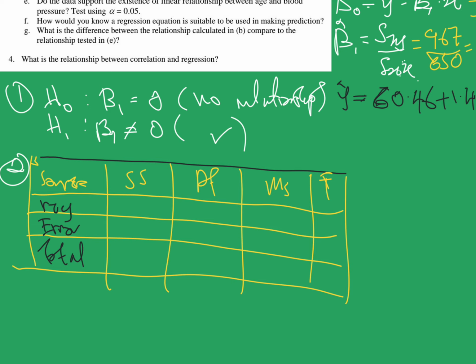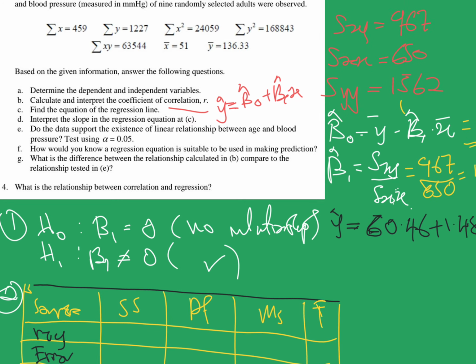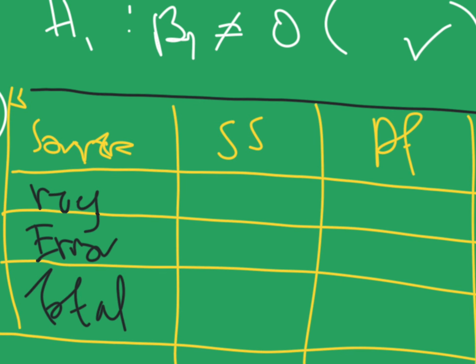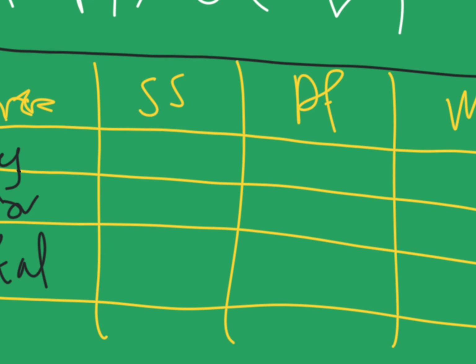Beta 1, which is 1.488, times the SXY value, which is 967, will give you the value of 1438.6.